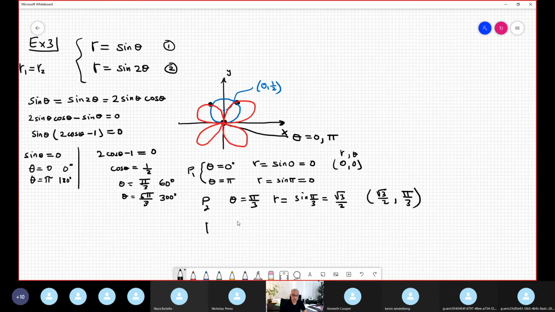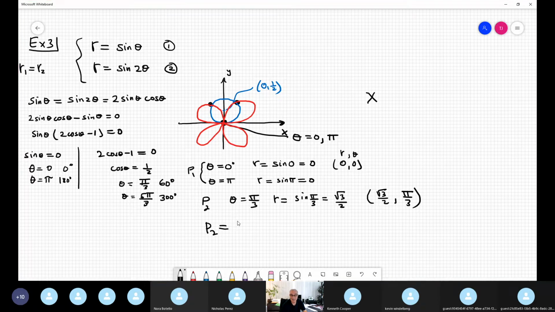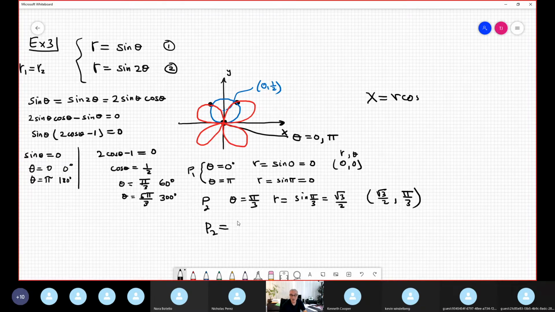Well, P2 in rectangular is, remember the formulas, x equals r cosine theta, y is equal to r sine theta. In our specific point, r is radical 3 over 2, and theta is pi over 3. So now it's radical 3 over 2 cosine pi over 3, comma, radical 3 over 2 sine pi over 3.